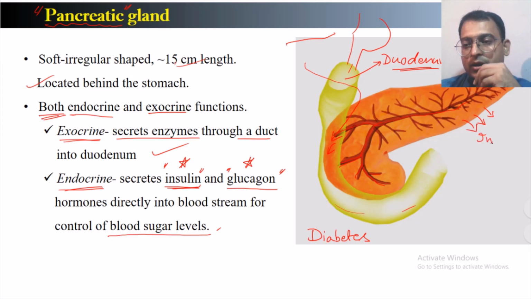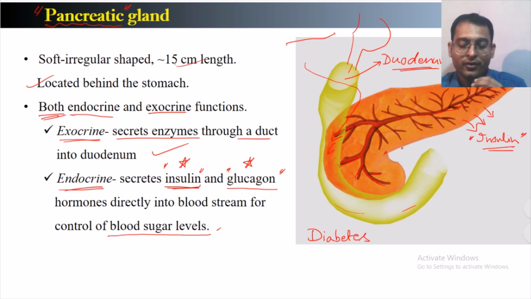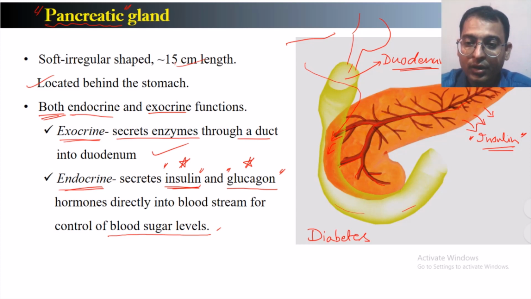Insulin secretion is somehow getting affected. So the pancreas is unique in that it has both endocrine and exocrine functions.